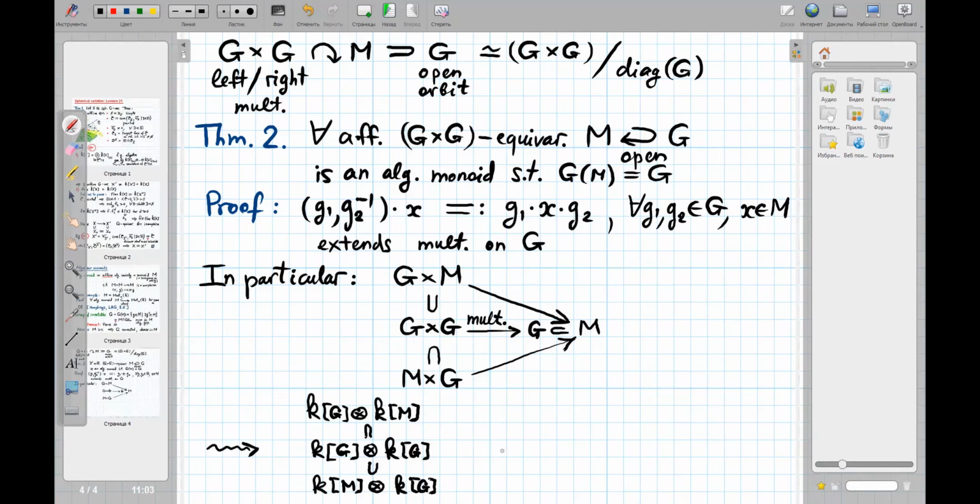And here we have K of G, which contains K of M, and we have homomorphisms from here to here, and also from here to here, and from here to here. These are co-multiplication homomorphisms.